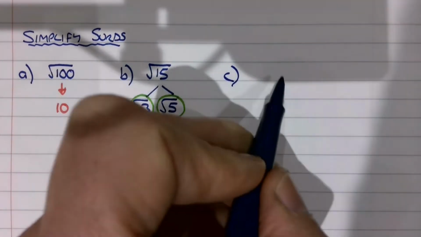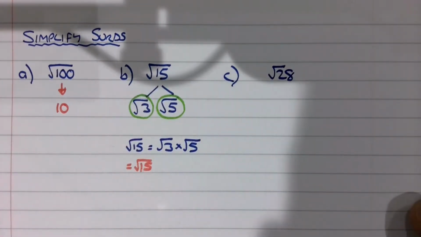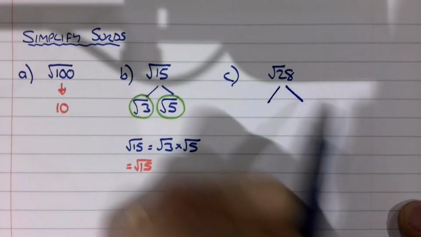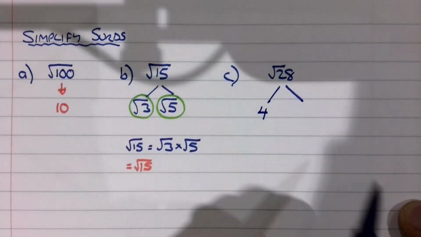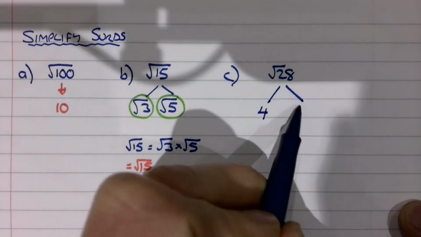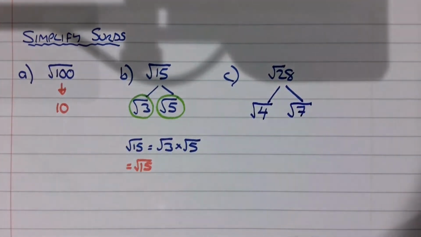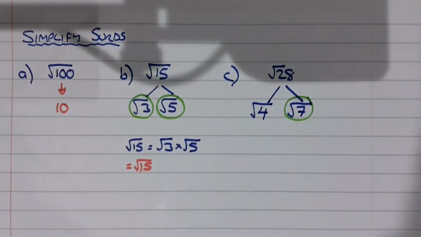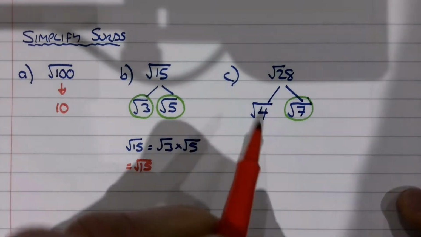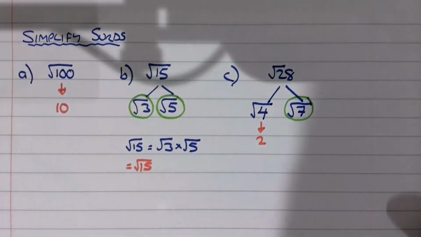So we'll do the square root of 28. Okay. So let's break this down. I'm going to break that down into, let's say, 4 times 7. So that's going to be the square root of 4 times the square root of 7. Now 7 is a prime number, so I'm going to ring that. And 4, well, the square root of 4 is just a nice square number, so that's just going to be 2.